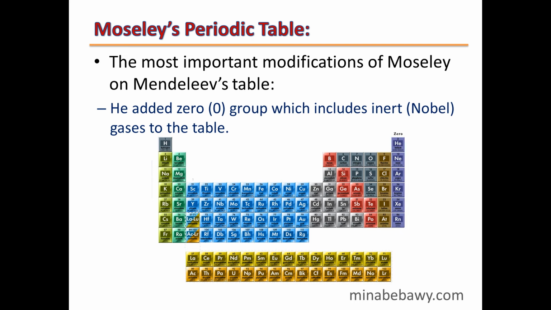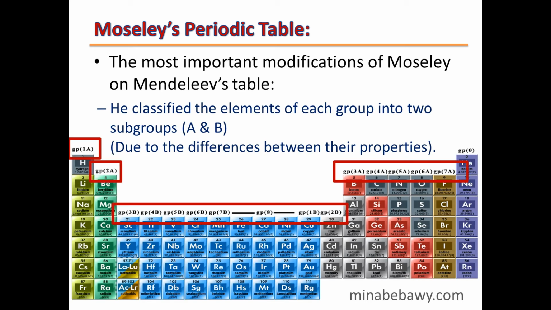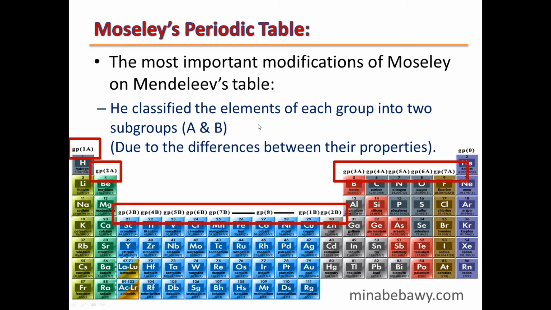He added the zero group, which includes all inert or noble gases, at the end of his table in group 0. He classified the elements of each group into two subgroups, A and B. And this is an important give reason question.